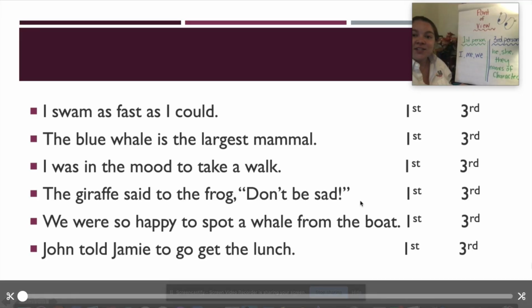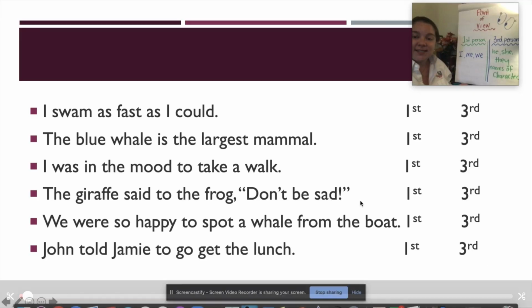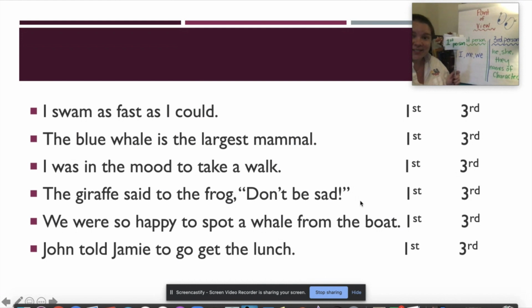Hey friends, so we're going to go through a few of these sentences and decide whether they are first person or third person. Now remember, first person keywords are I, me, we, when it seems like the characters are talking to us. And third person, he, she, they, or a name of the character, where the narrator is telling us about the story.